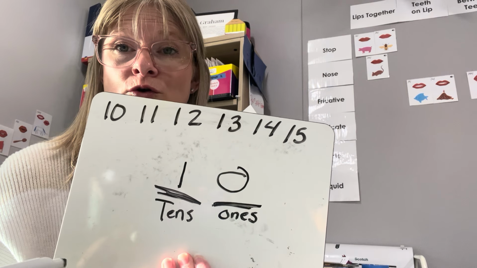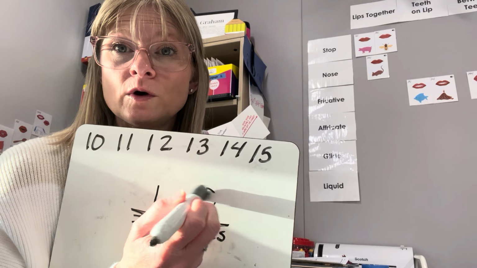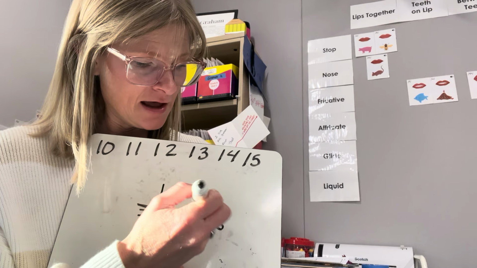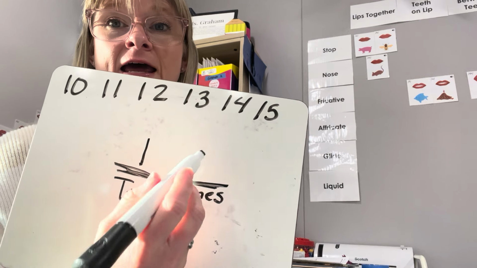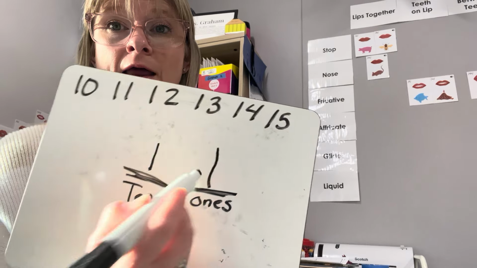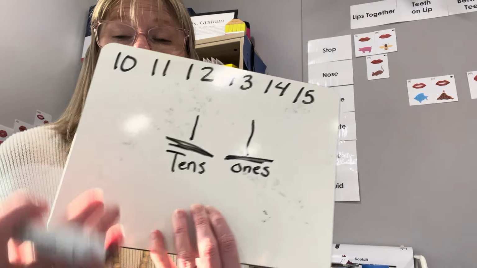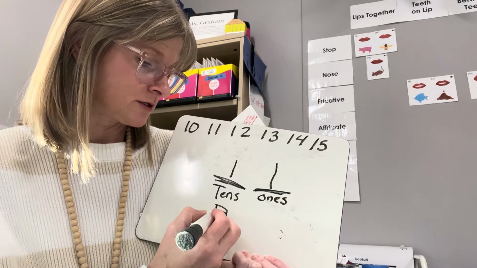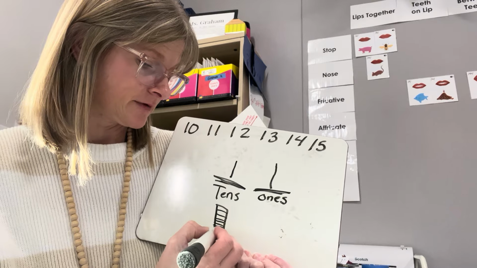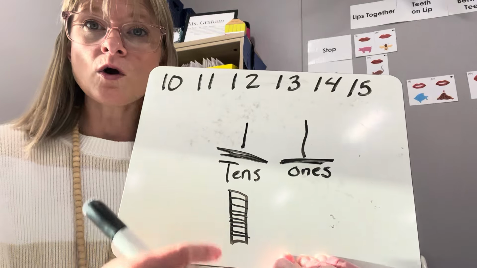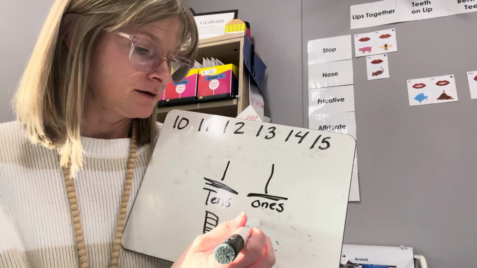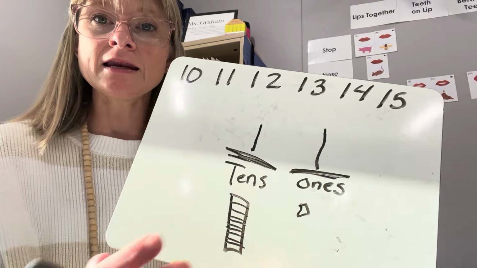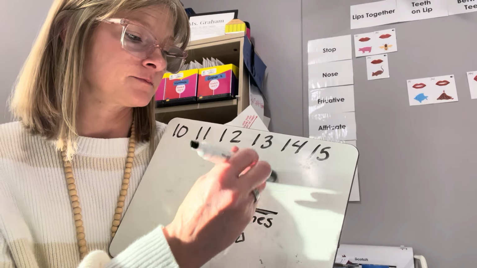That's why the 1 goes first. When you go to 11, it's 1 ten and 1 one. Right? So if I have my stick here, which represents 10, 1, 2, 3, 4, 5, 6, 7, 8, 9, 10, our 1 ten, 11 is 1 ten and 1 one.